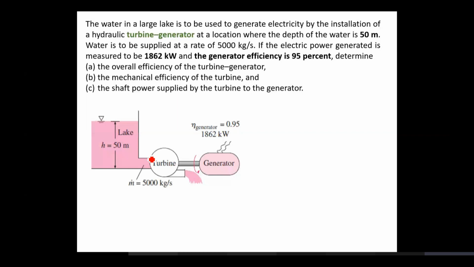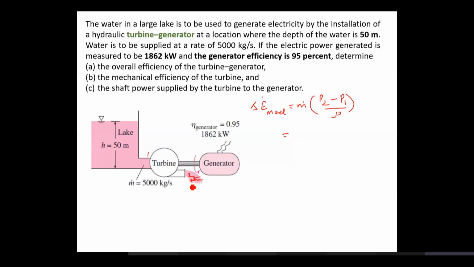This is my state 1, this is my state 2. I know that change in mechanical energy of the fluid is basically mass flow rate multiplied by P2 minus P1 divided by the density. Is this clear so far? Yes, sir. All right. Also write this P1, which is atmospheric pressure over here.